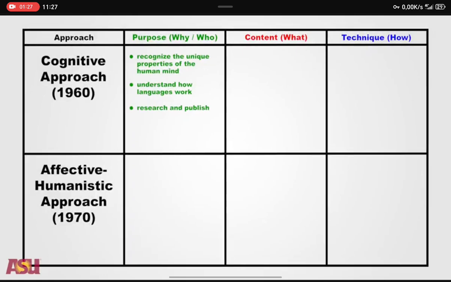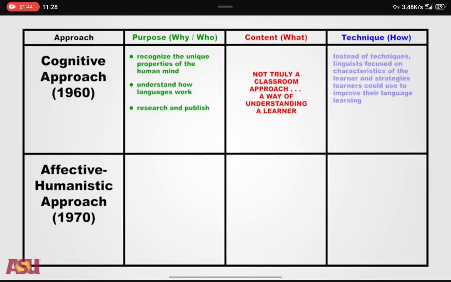One important thing we need to stress about the cognitive approach is that it is not a classroom approach. Much of the research at this time was done in labs and not in classrooms, and very few of the researchers were actually teachers themselves.